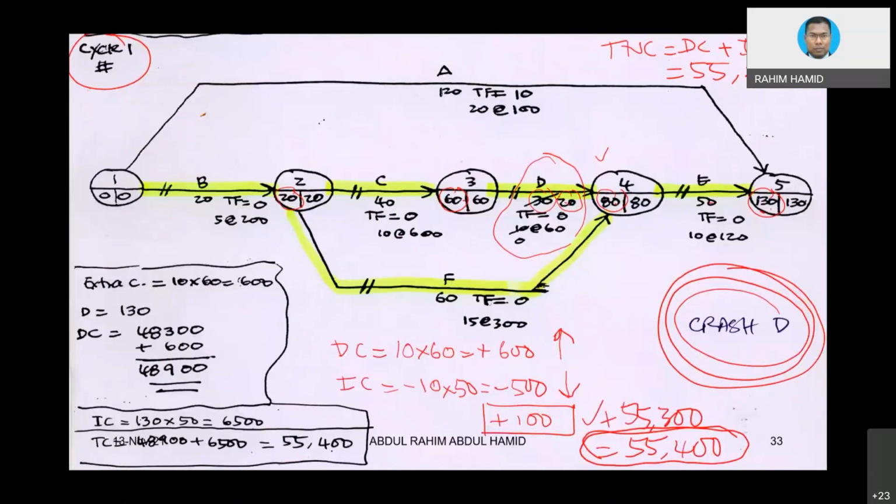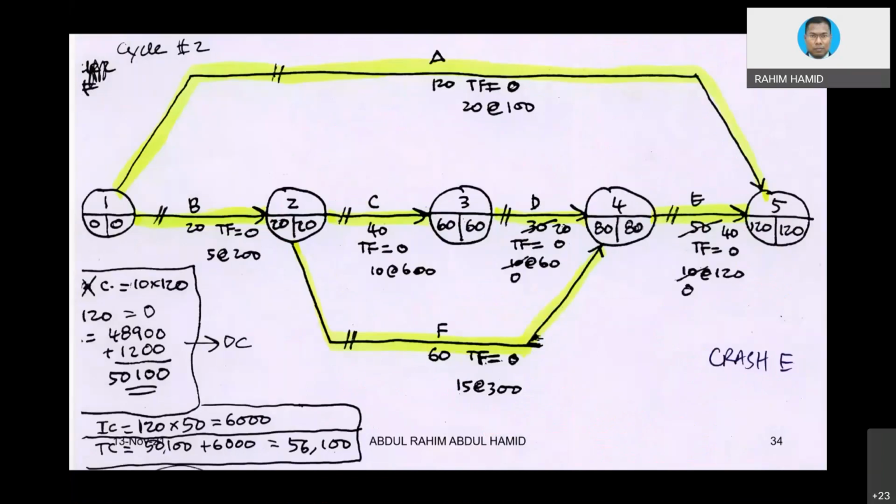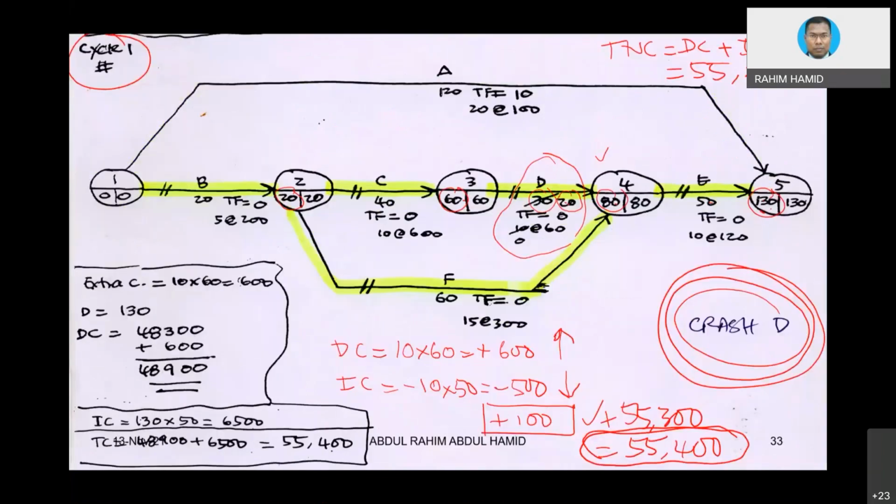In that situation, it makes our life more complicated if we want to reduce more, because we need to consider many activities. But that's okay. Now, let's go for cycle number 2. Let's say we want to reduce 10 more days, from 130 to 120. We know that D cannot be compressed anymore. So what's left is basically B, C, E, F. That will be critical.